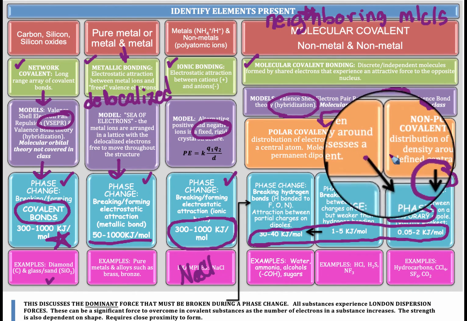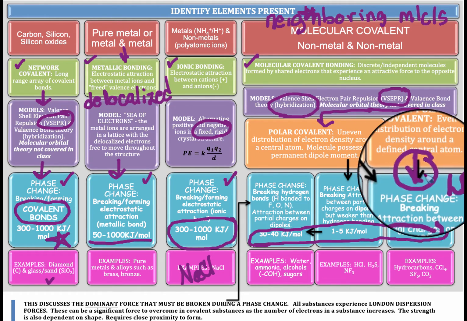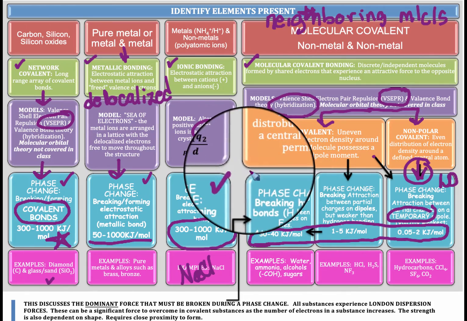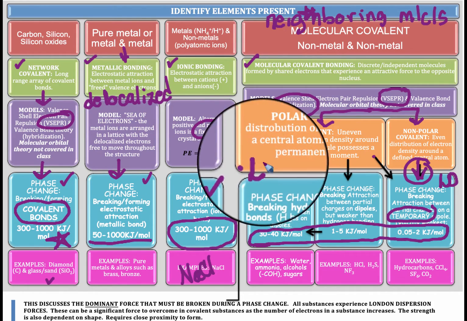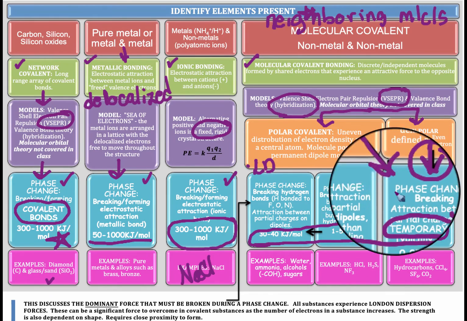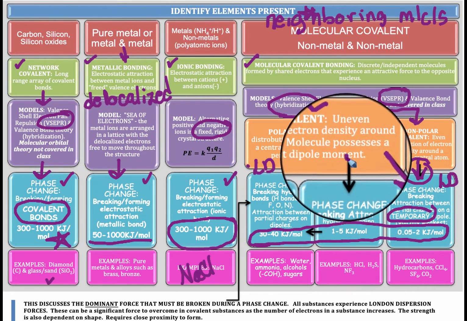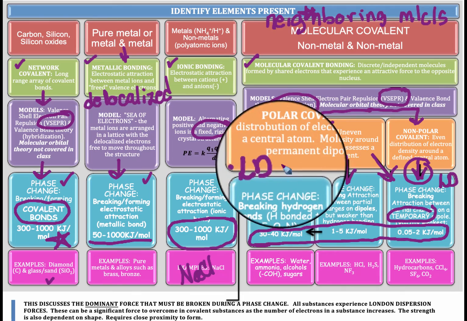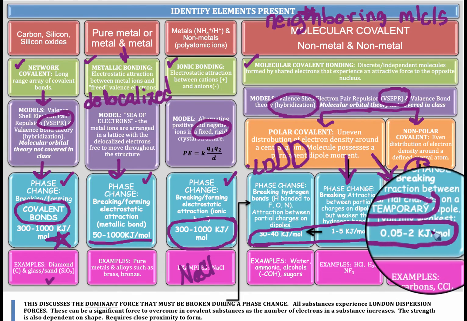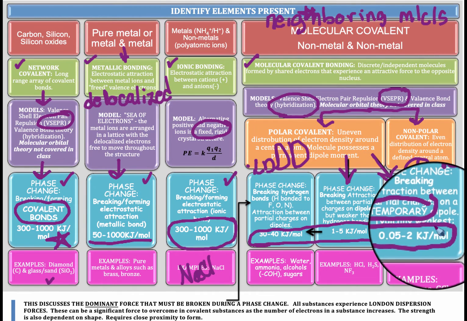If it's polar covalent, you know right away it has London dispersion. So if it was polar covalent, I would write LD right away. Polar covalent has London dispersion. But it also has a dipole-dipole. And within a given molecule or between same size, dipole-dipoles are stronger.